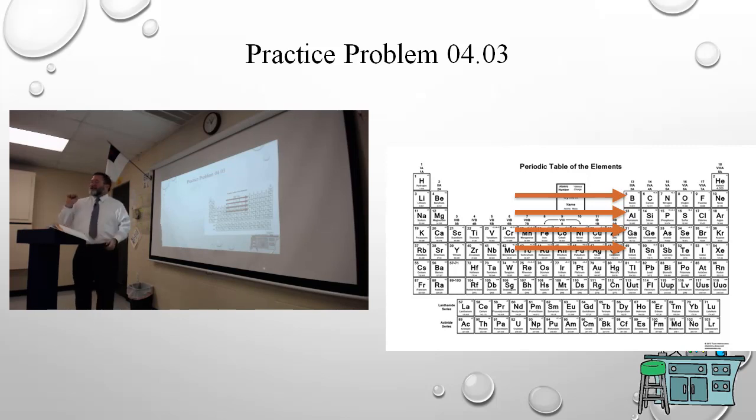Now, what is the periodic trend for ionization energy? Up and to the right. That's the trend. Now, the question was, which has the least? So if it trends up and to the right, increasing, I'm looking for what is the lowest and the farthest left.